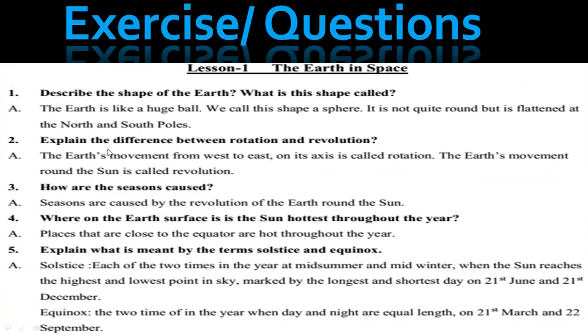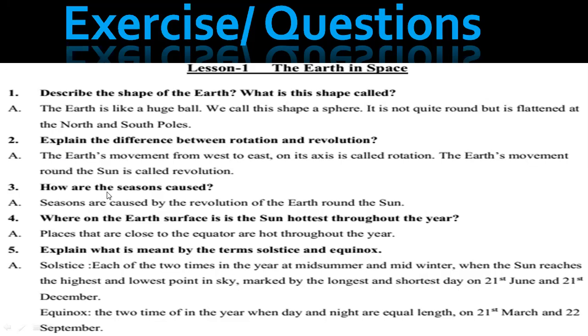Question number 2, explain the difference between rotation and revolution. The Earth's movement from the west to east on its axis is called rotation. The Earth's movement around the sun is called revolution.